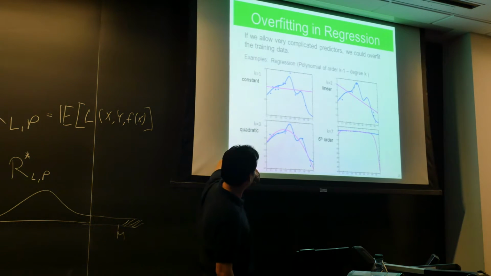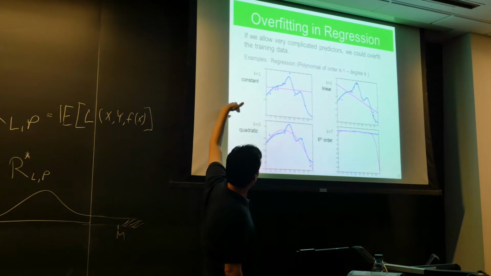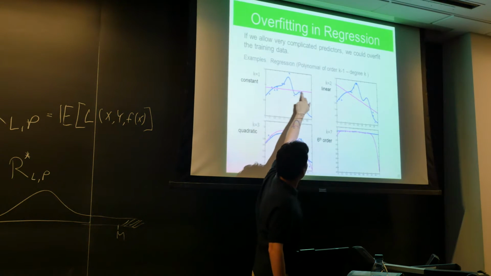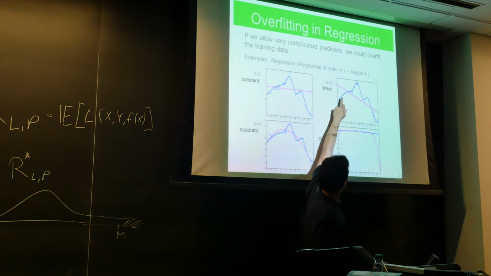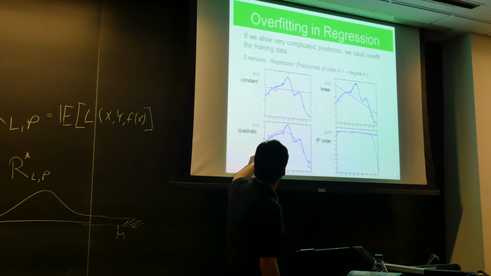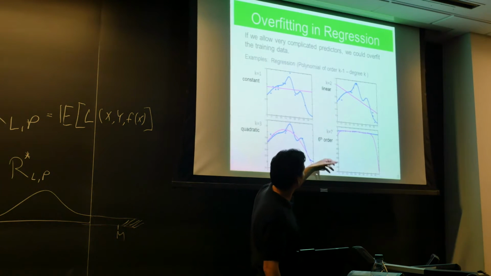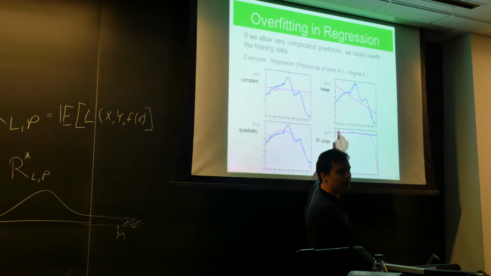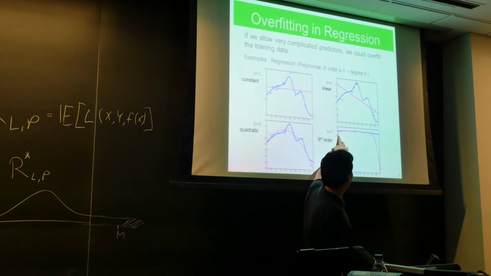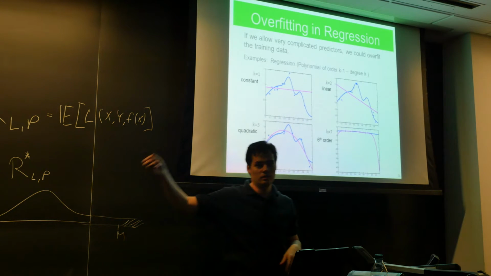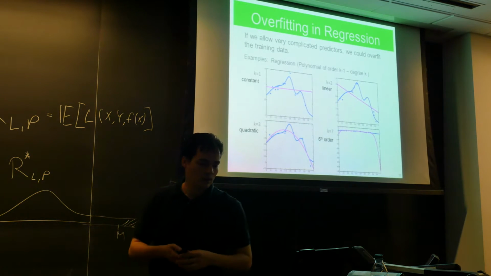If I fit a first order polynomial, then that would look like this. A second order polynomial on this data would look like this. A quadratic polynomial would look like this. A sixth order polynomial would look like this. So on the training set, I have smaller and smaller errors. But outside of my training domain, I would make more errors, and the test errors would be huge as we increase the order.